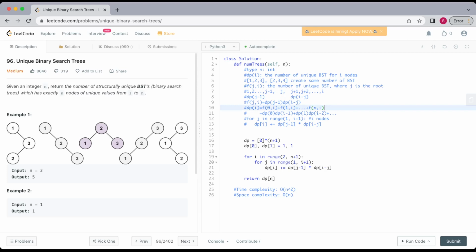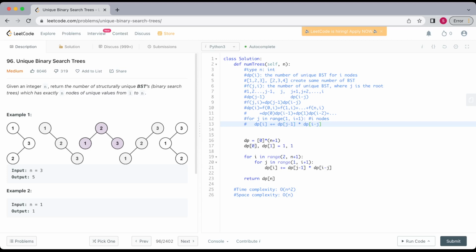And this is dp[0] times dp[i minus 1] plus dp[1] times dp[i minus 2] until the end. So to calculate dp[i] here, we have a for loop where in each iteration dp[i] equals itself plus dp[j minus 1] times dp[i minus j].